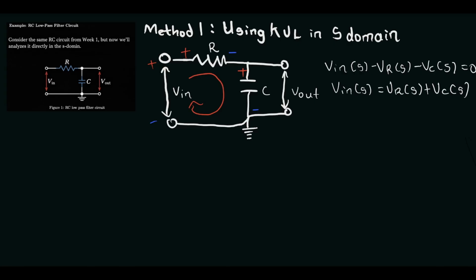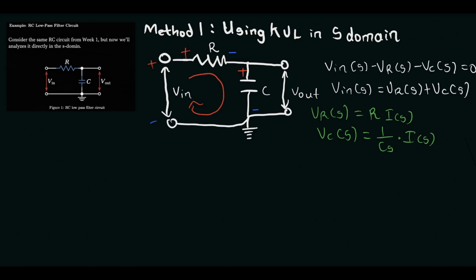And we know that in our S domain, your VR of S will be equal to, from Ohm's law, R multiplied by current, while your VC of S in your S domain will be equal to 1 over CS multiplied by current.